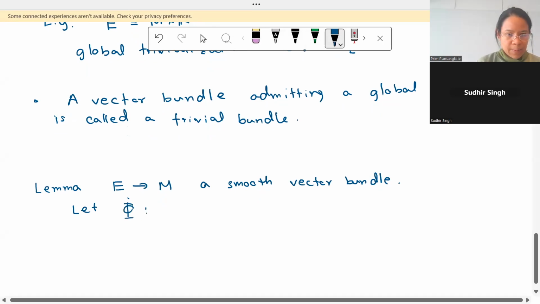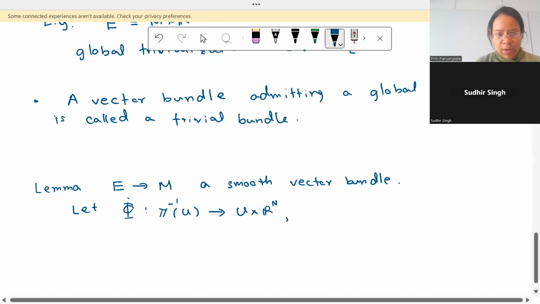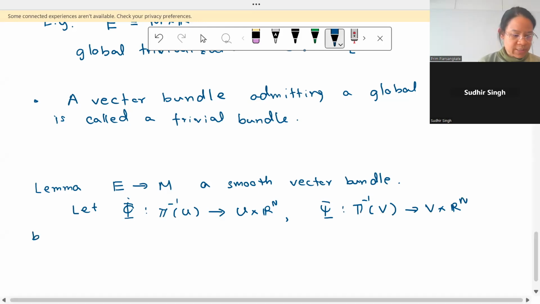Phi, which is a trivialization over U, and another one, psi, say over another open neighborhood V of M. So let these be local trivializations.